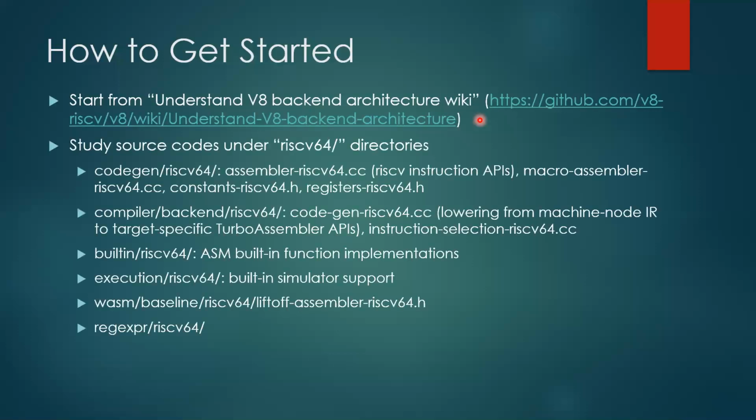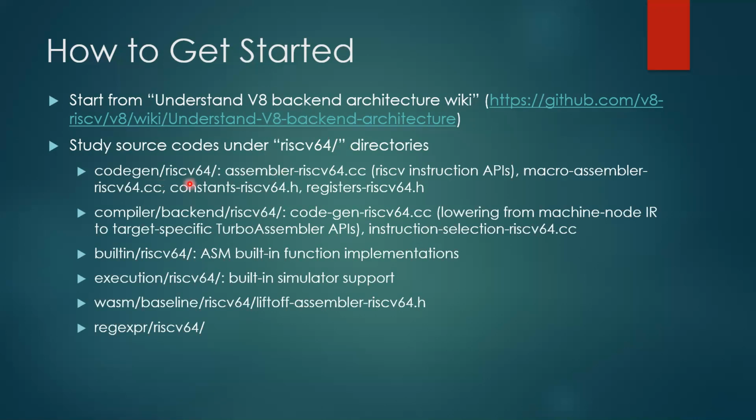And then, once you have a higher level understanding, you can go to study the source code, and you just grab everywhere where there is a RISC-V 64 directory. There are maybe 8 or no more than 10 of those. In particular, I would like you to focus on CodeGen. Under CodeGen, this is where the assembly APIs are implemented.